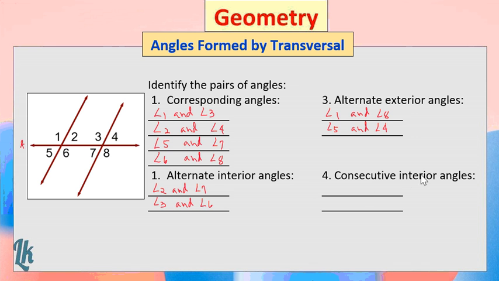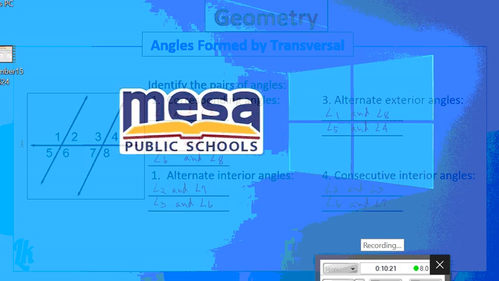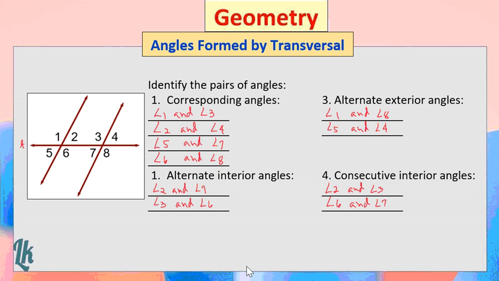When we say consecutive interior angles, they should be angles between the two lines and on the same side of the transversal. Examples are angle 2 and angle 3, and the other pair consists of angle 6 and angle 7. So those are the different types of angle pairs that are formed by two lines and a transversal.